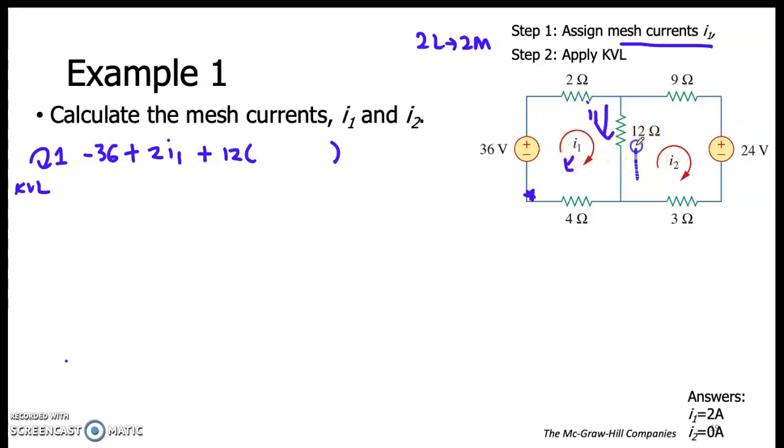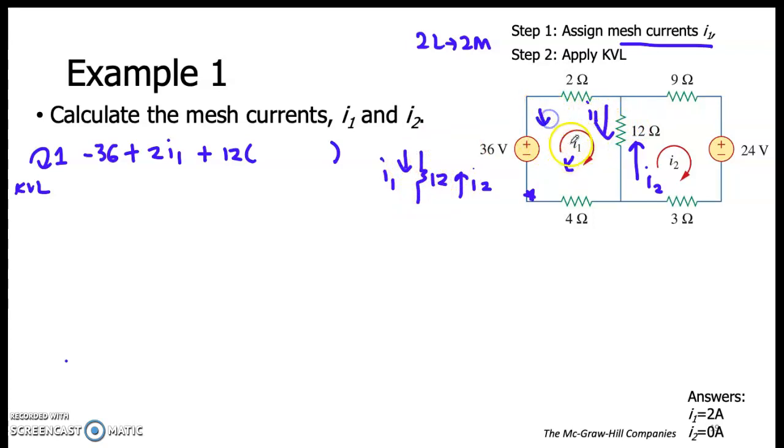But going up here is what we call I2 because of the imaginary current at the right side. So if I redraw back, you have the 12 ohm here. Current down is I1. Current going up is I2. So you need to find the net current across the 12 ohm.